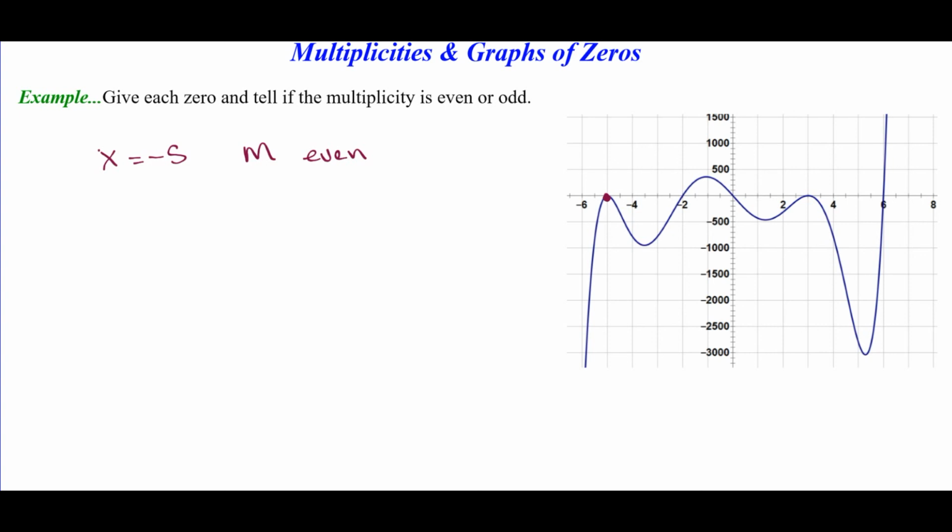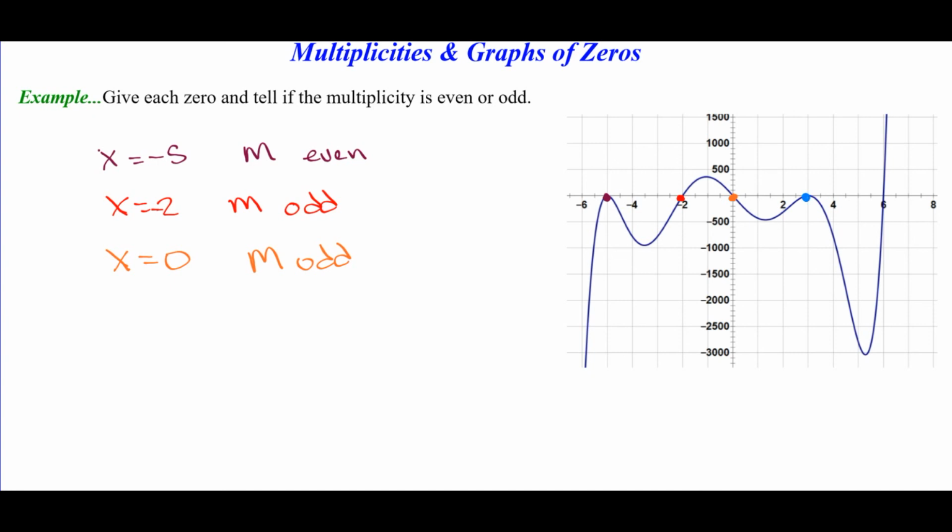If we continue tracing this graph, the next time that I intersect the x-axis, we've got x equals negative 2, and here we're crossing through the axis, so I know my multiplicity is odd. Continuing, the next time we intersect the axis is here at x equals 0, so I have a 0 at 0, and I know my multiplicity is odd because we're crossing through the axis there.